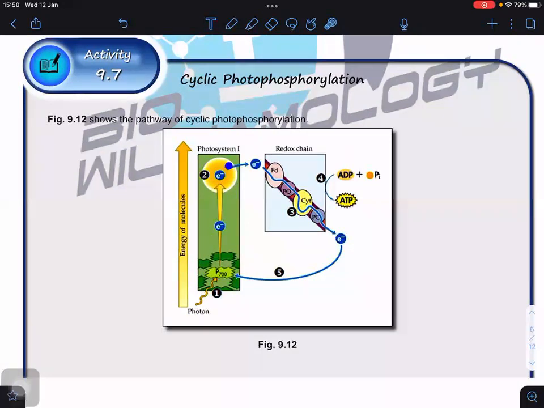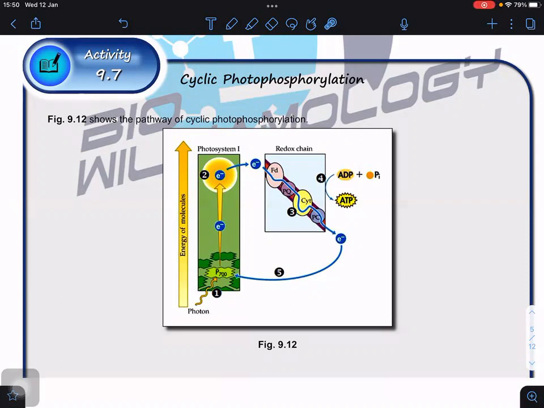This electron goes through the electron transport chain and is finally received by the reaction center P700. Basically, I take it out from my left pocket and put it back into my right pocket. Are you clear? So this is cyclic photophosphorylation.